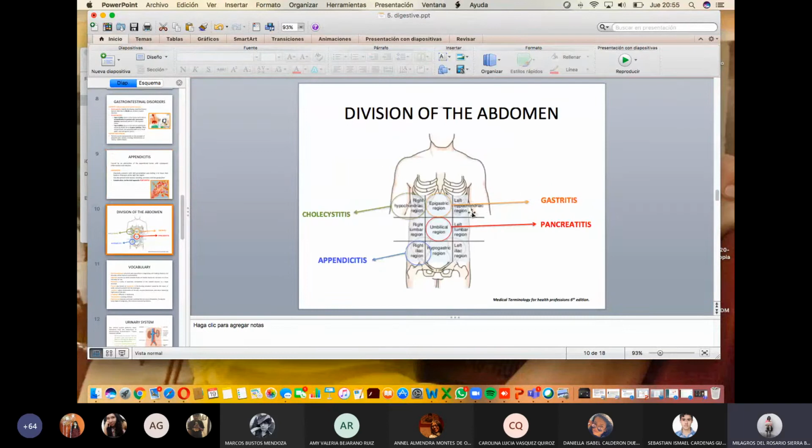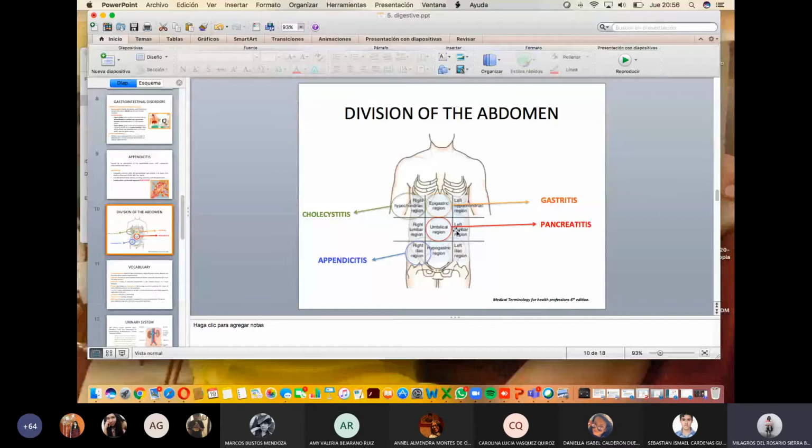So this is like the summary of what we talked about, basically about the pain location. Remember this for the exam, okay? So in cholecystitis, the pain is located in the right hypochondriac region. In gastritis, it's located in the epigastric region.